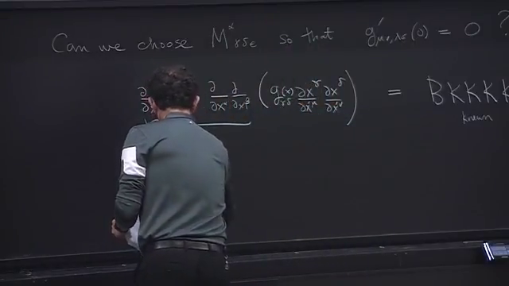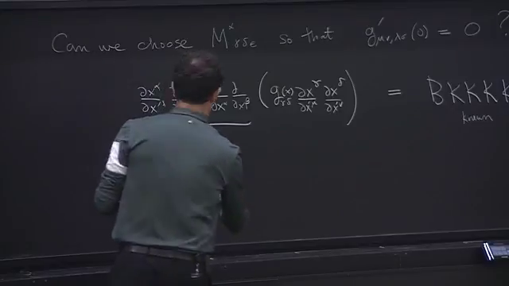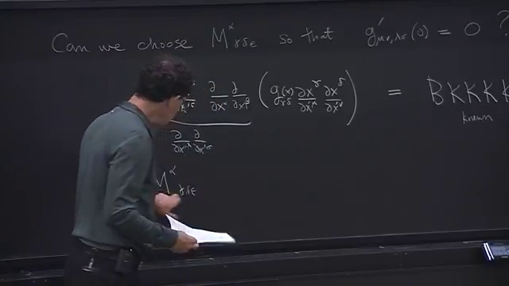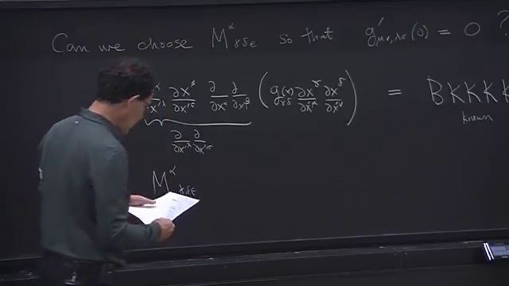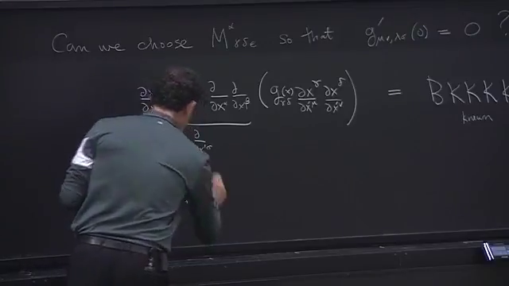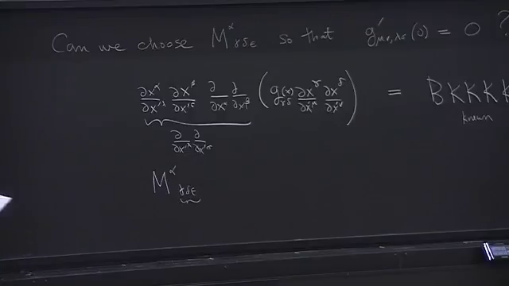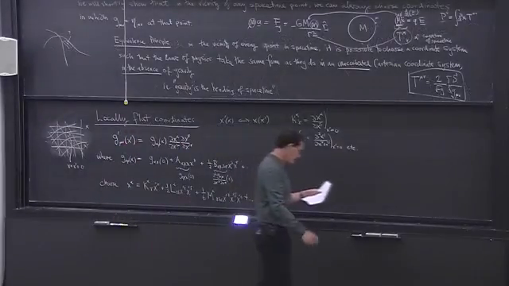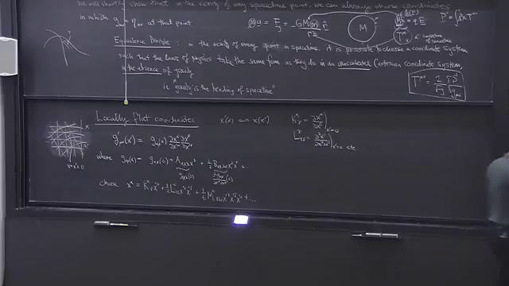So M, alpha, gamma, delta, epsilon is symmetric on these three indices. And so as far as these three indices are concerned, the number of independent components are just the number of components of a symmetric tensor in three indices.